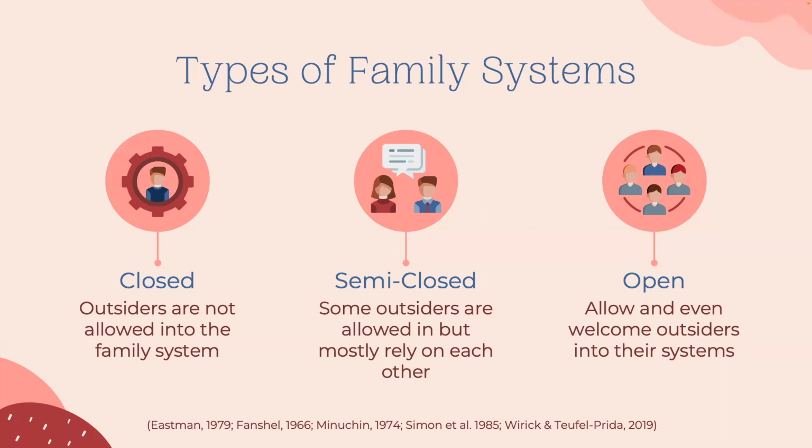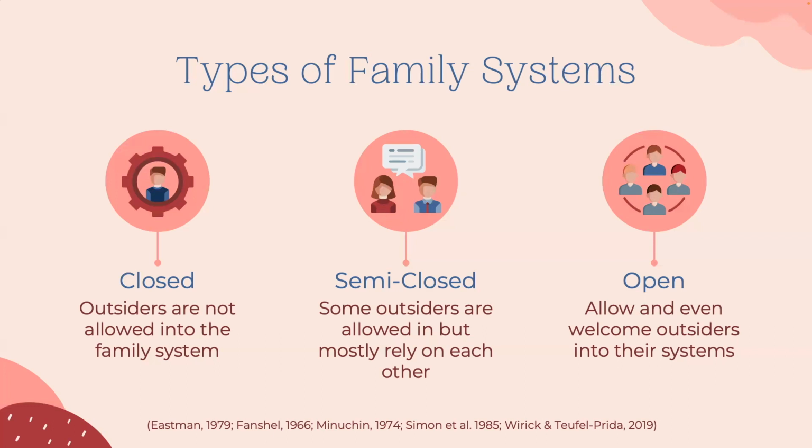Both closed and semi-closed family systems can restrict family members' access to the outside world, which can leave children unprepared for life outside of the family system when they become adults. Open systems are what we think of when we think of the phrase, "it takes a village." Open systems welcome outsiders and maintain flexible boundaries with outside influences, allowing them in while still monitoring them for problems.